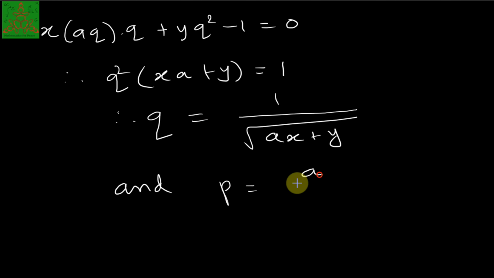square root of ax plus y. So now the equation, that is the Pfaffian equation, dz is equal to phi of x, y, z dx plus xi of x, y, z dy.